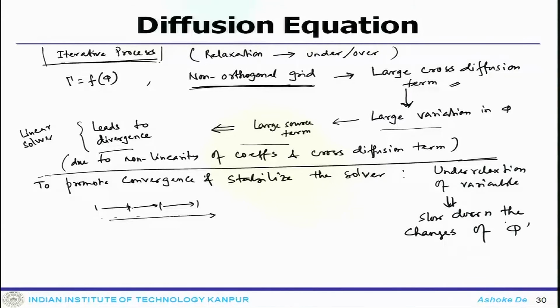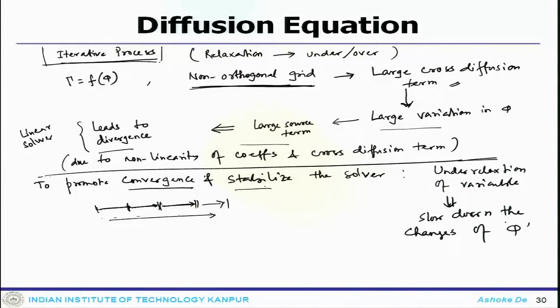It is not that with 100% weight you update the solution and move from one step to another. This is called under relaxation, and it is very much required in order to have better convergence and also to have a stable system.